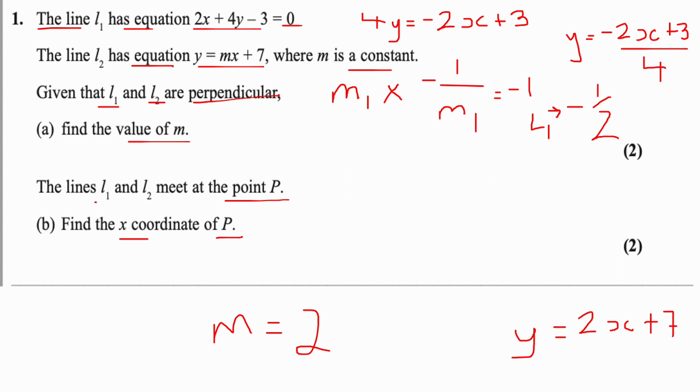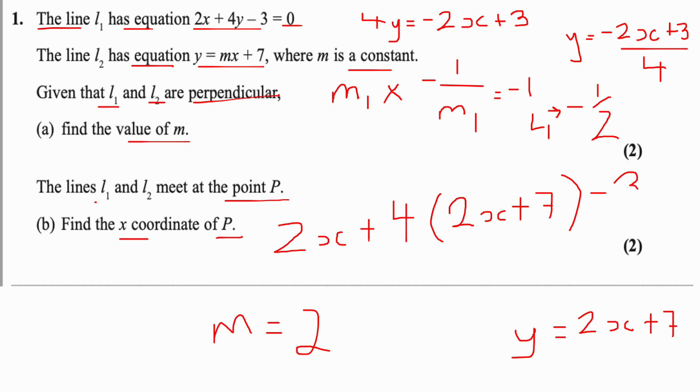Replacing 4y with 4 lots of 2x plus 7, so 2x plus 4 lots of 2x plus 7, brackets closed, take away the 3 is equal to 0.